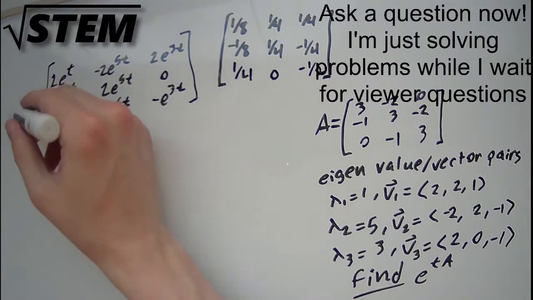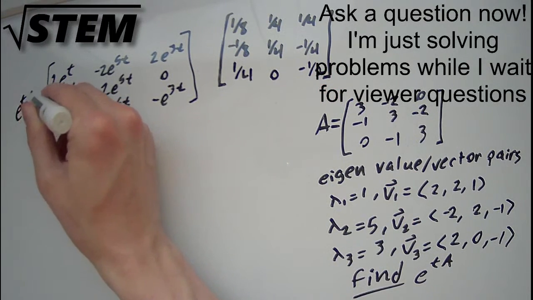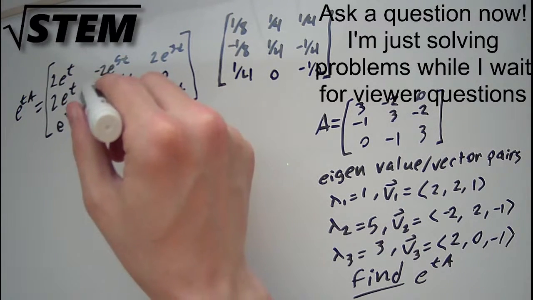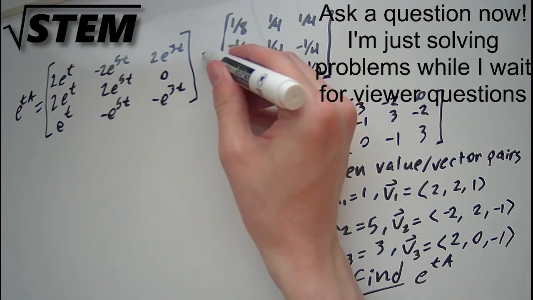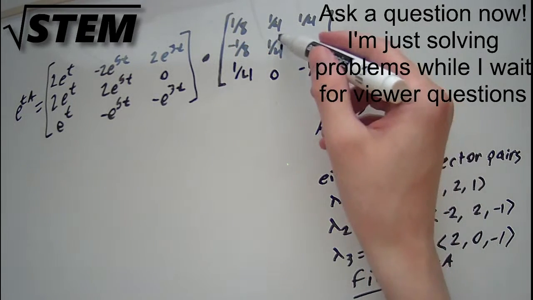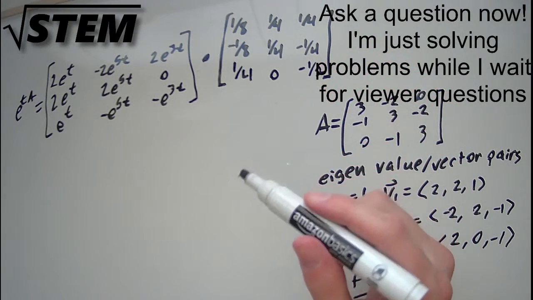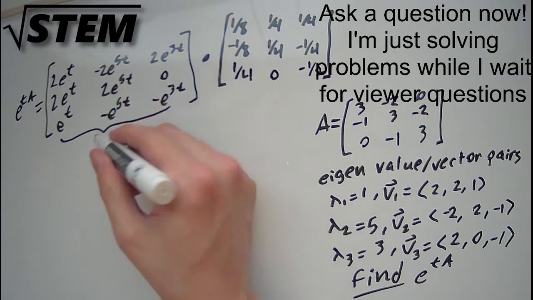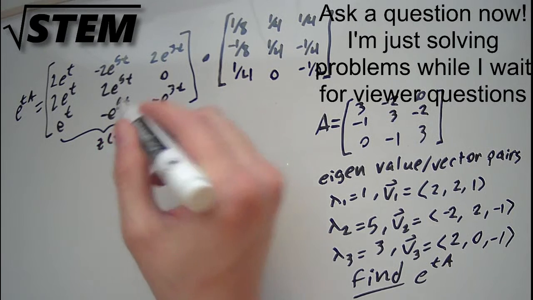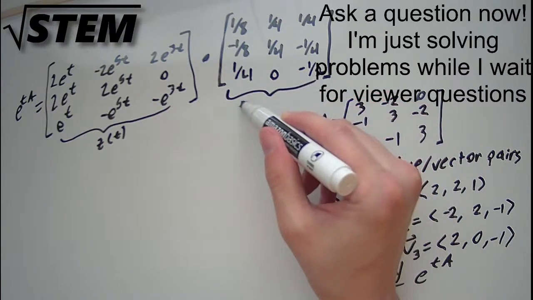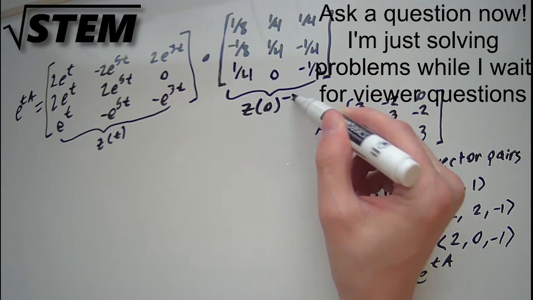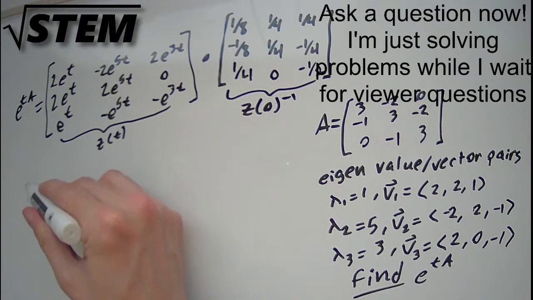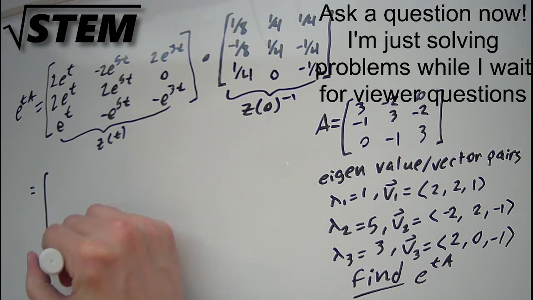This is going to look a little sloppy. We'll say e to the tA is equal to Z of t times Z0 inverse. So this is Z of t. This is Z0 inverse.